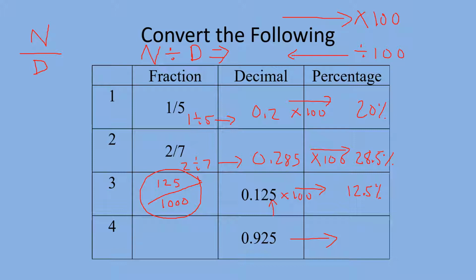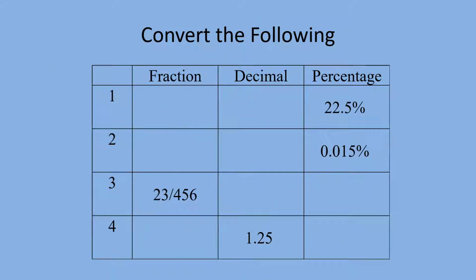Let's do number 4. 0.925. Yep, 92.5. 5 is in what decimal place? That means what goes on top? 925. Yep, just 925. So good review, not too bad. Let's do a couple more. All right, now we're going back this way.